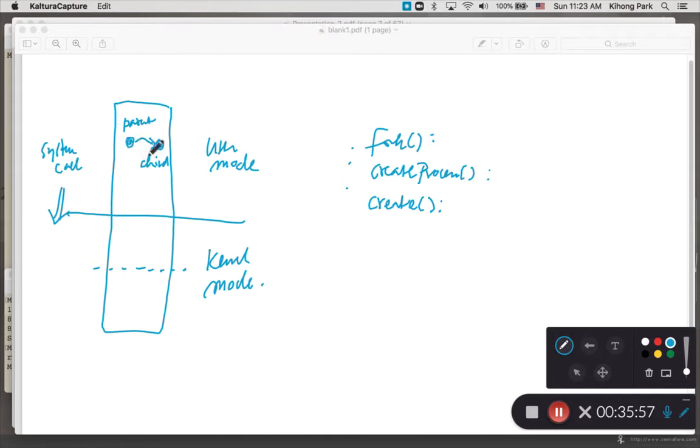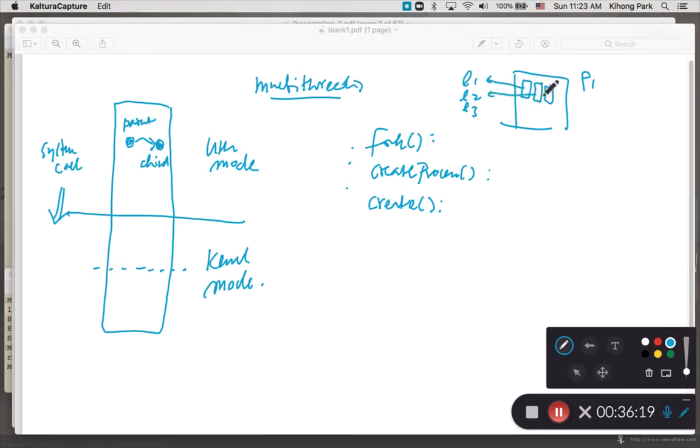But there are other process models with this multi-threading idea, where you have one heavyweight process, this P1 guy, which has three lightweight processes, call them L1, L2, L3. These are the three lightweight processes in the previous picture that otherwise share code and data but have their own runtime stacks.